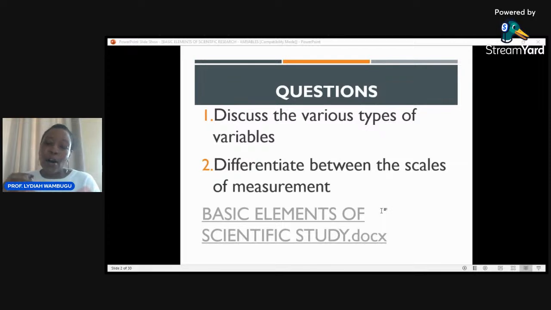What do you want to study? That is where the variables come in. From this one, we have institutional capacity as the independent variable, and performance of parastatals as the dependent variable.